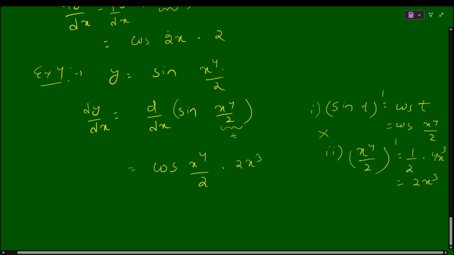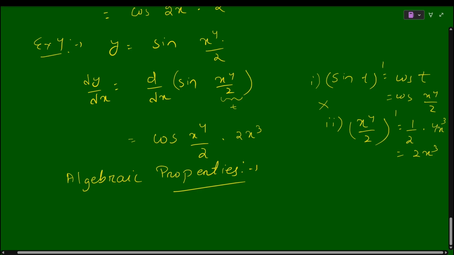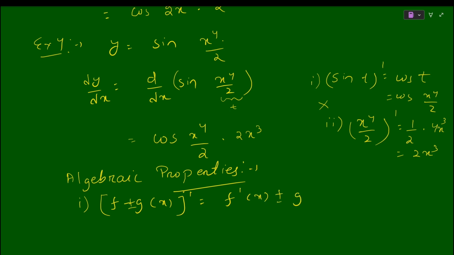And let's see the algebraic properties of derivatives, as you all already know, so still I am writing them. As it is a quick overview video, I am not wasting your time. Only 2 minutes. These algebraic property formulas are: the derivative of f plus g of x is equal to f dash x plus g dash x.